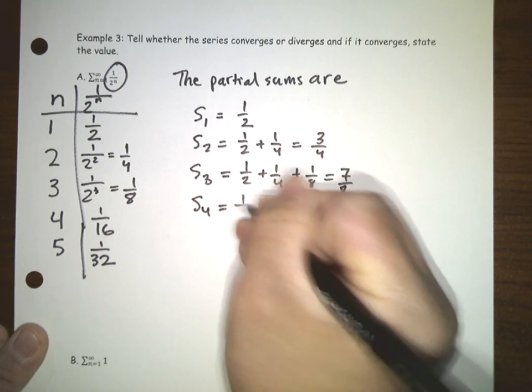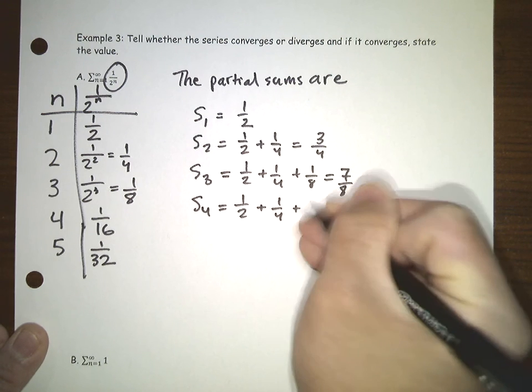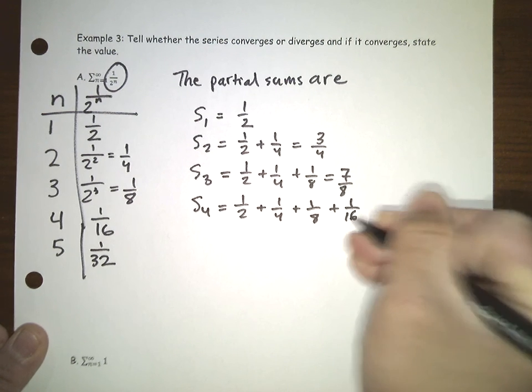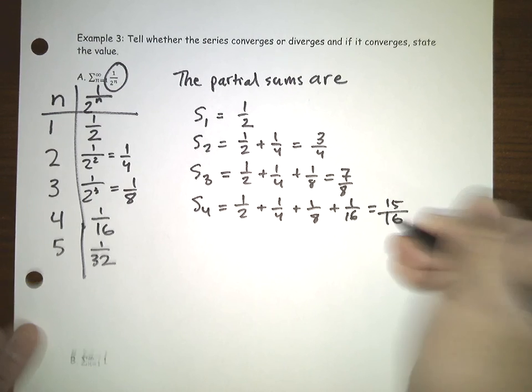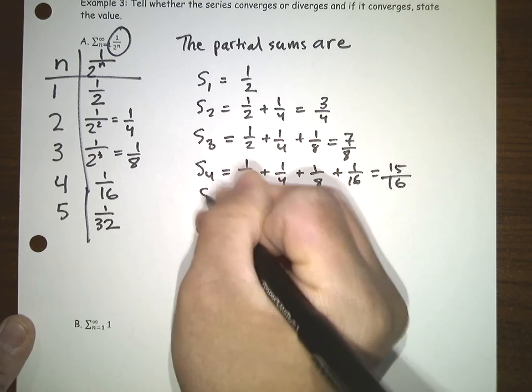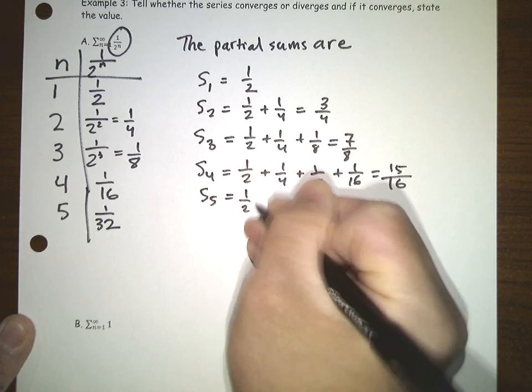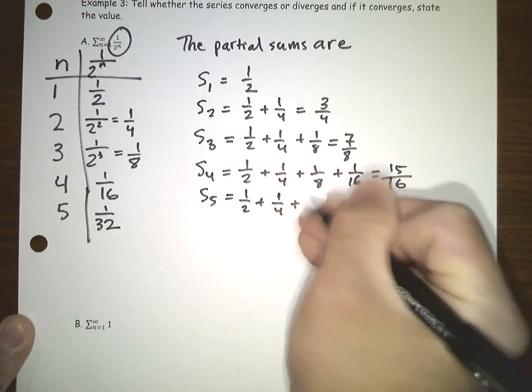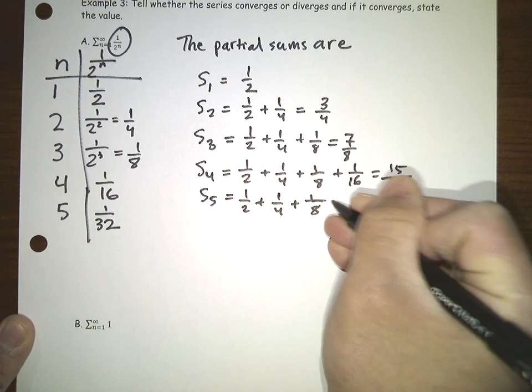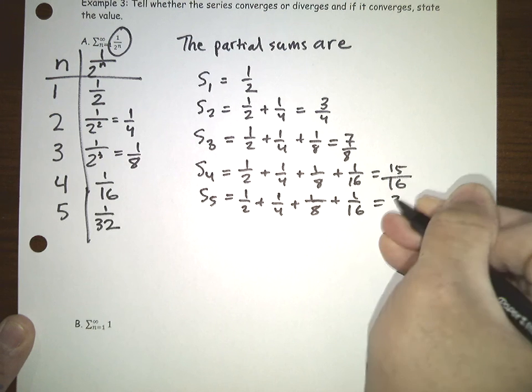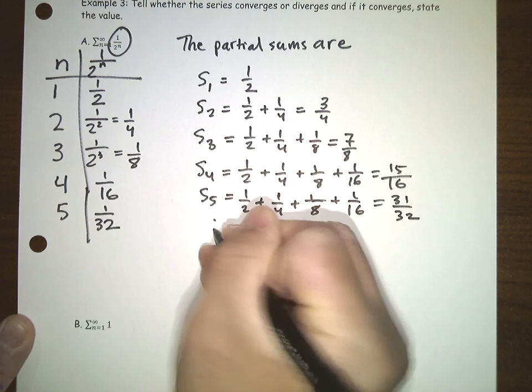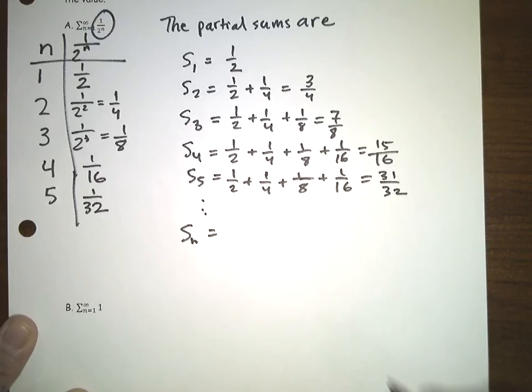S4 will be a half plus a fourth plus an eighth plus a 16th, that will be 15/16. And S5 will be a half plus a fourth plus an eighth plus a 16th plus a 32nd. That's 31 over 32. So then I need to find Sn.